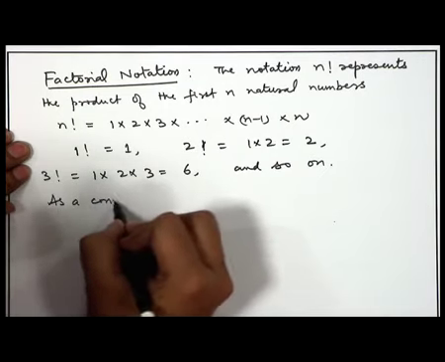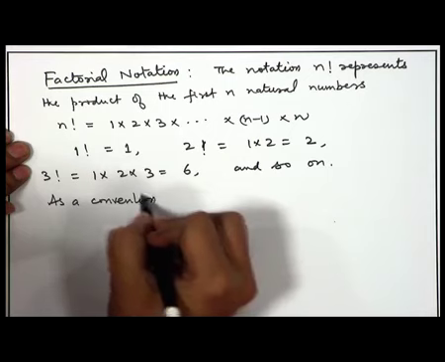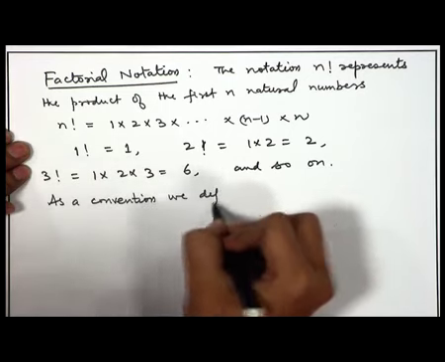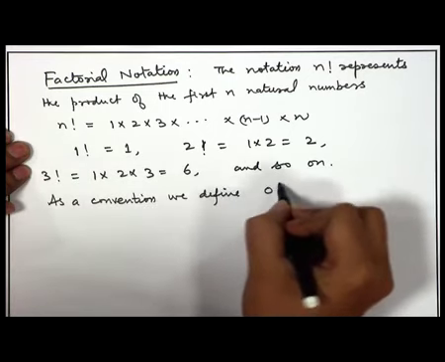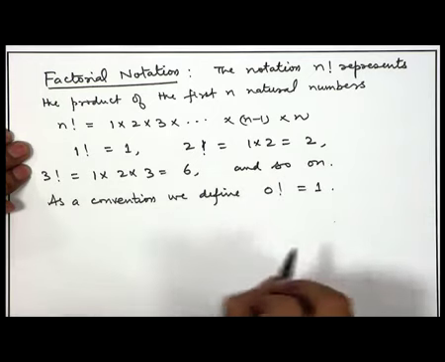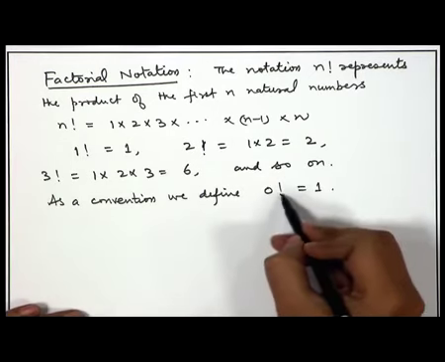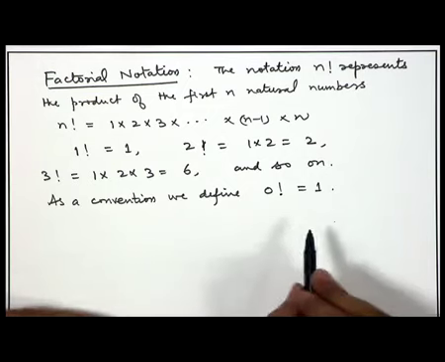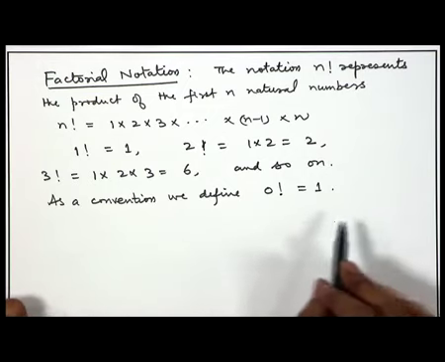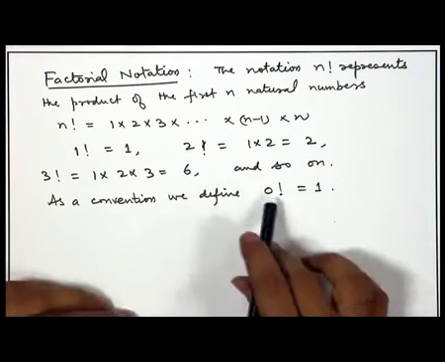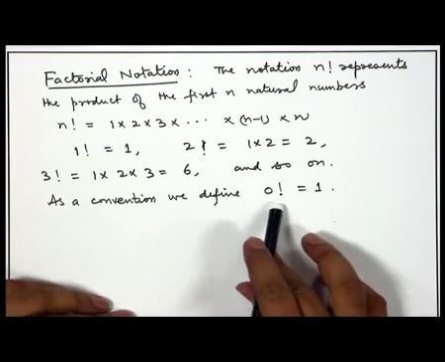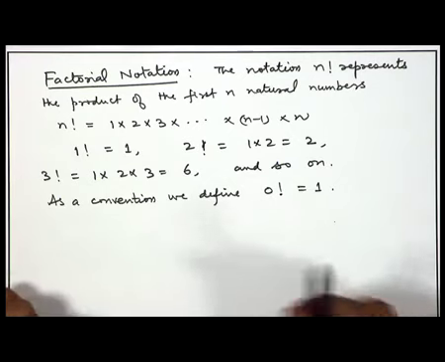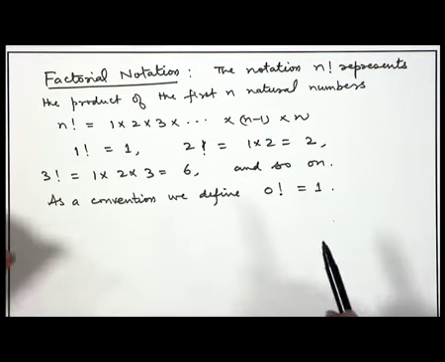As a convention, we define 0 factorial to be 1. This is to keep consistency with some other notations of permutation and combination that I will be using later on. In that, it will turn out that if we take 0 factorial to be 1, then the consistency of the notation will remain.